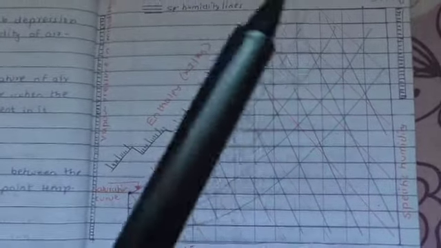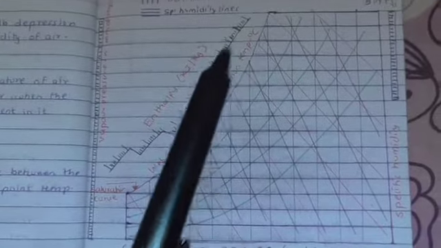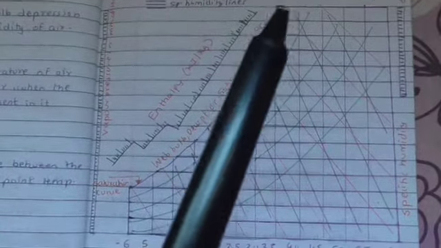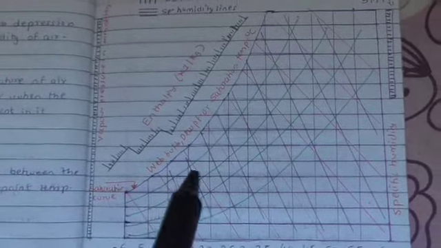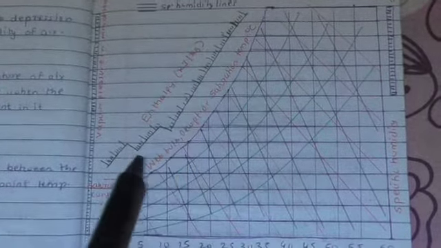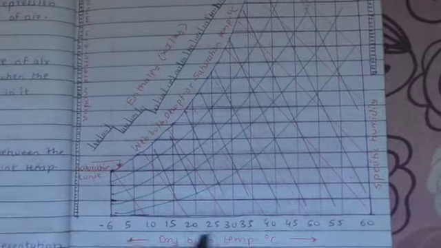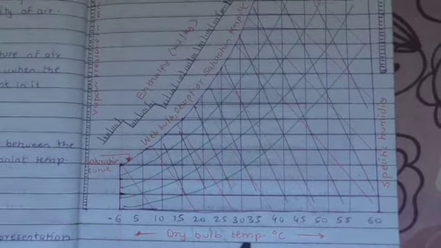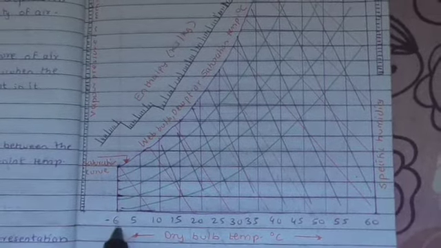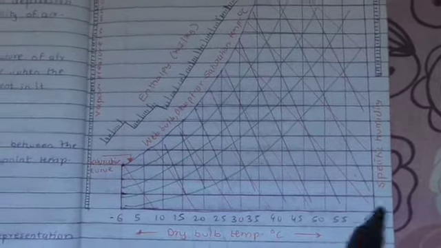So in this psychrometric chart, on the left hand side, we will have a curve which is known as the saturation curve, and on this saturation curve the value of relative humidity is 100%. At the bottom of the chart we have the dry bulb temperature scale, which ranges from -6 to around 55 to 60 degrees Celsius.